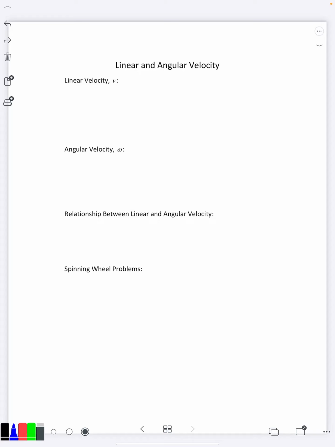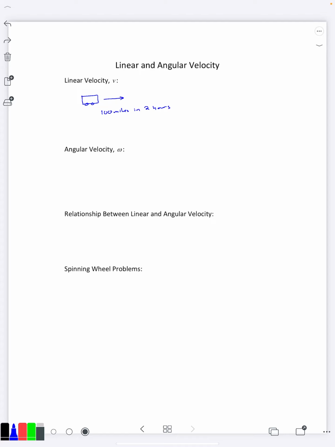So first off, linear velocity. Let's imagine we have a car, and I know my car is pretty poor drawing here. But let's say it's traveling in a direction and it travels 100 miles in 2 hours.